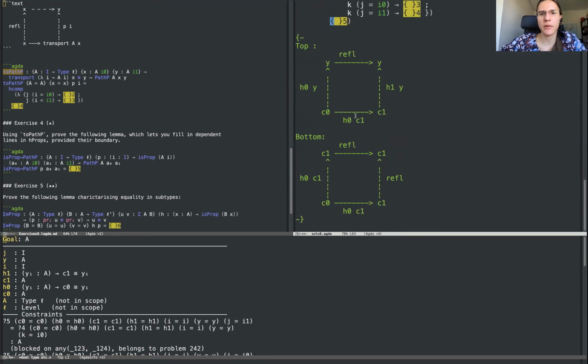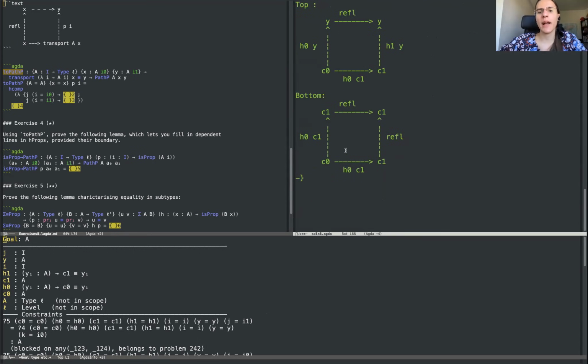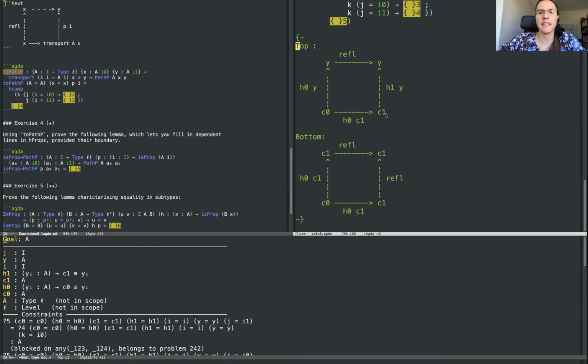So what I'm going to do is consider how I get this type. I want this to be constant on the diagonals. So when one of them is 0, I want the full expression to be 0, and only when both of them are 1. So I'm going to take the minimum of it.